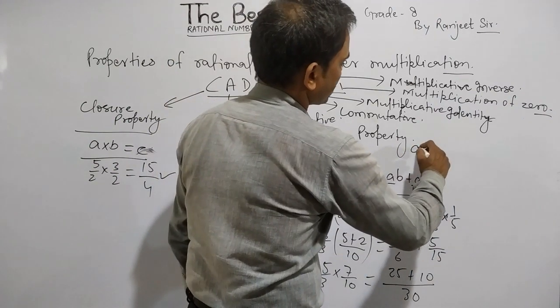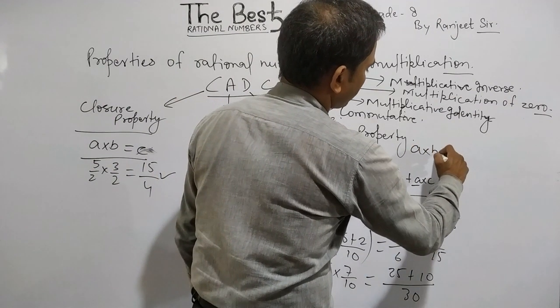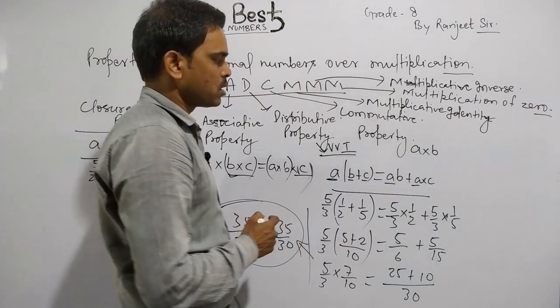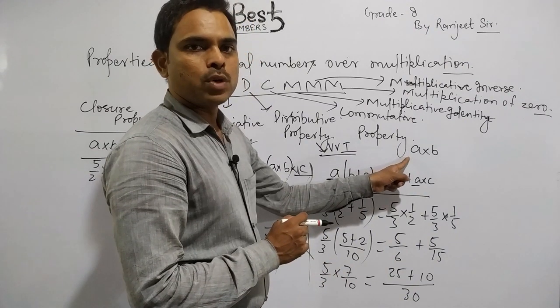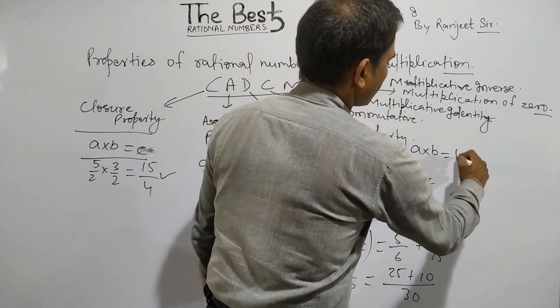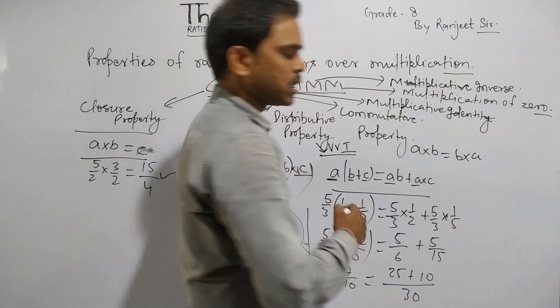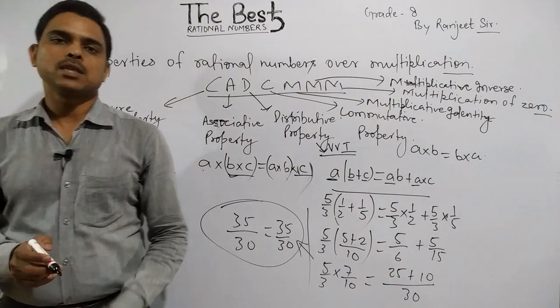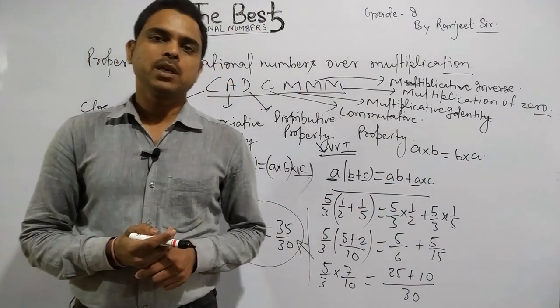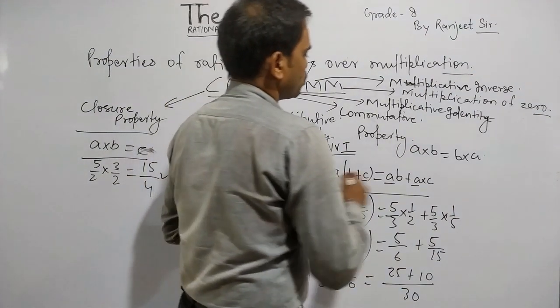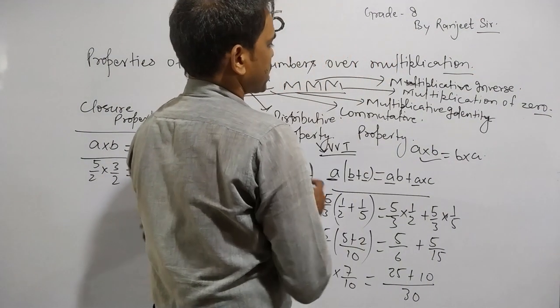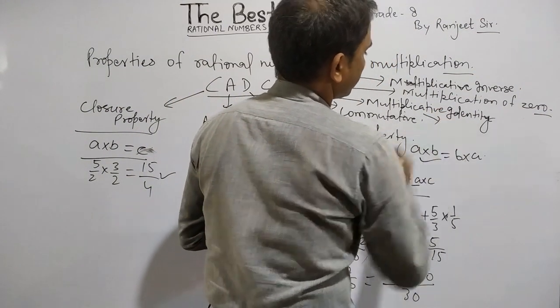Now next one is commutative property. It says that if I multiply two rational numbers in any order, means either I do A into B or B into A, in both the conditions we are going to get the same result, and that of course will be a rational number. So this is done. Now the next one is multiplicative identity.